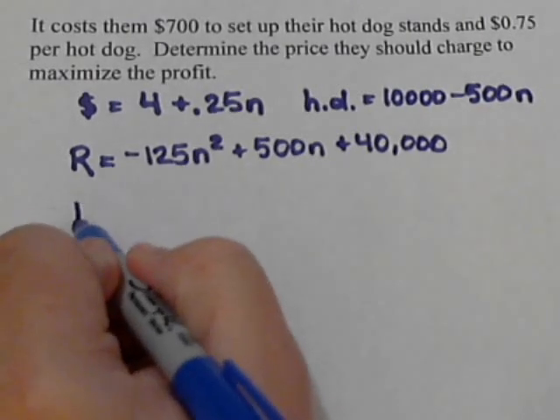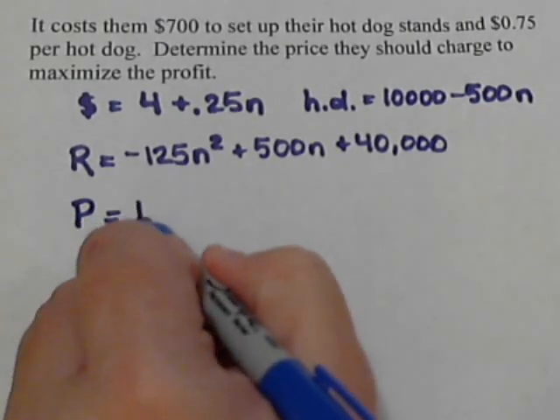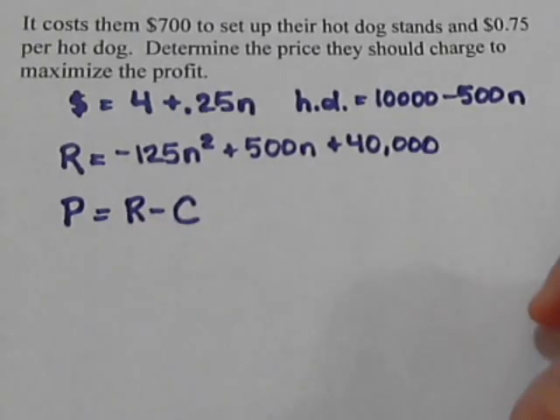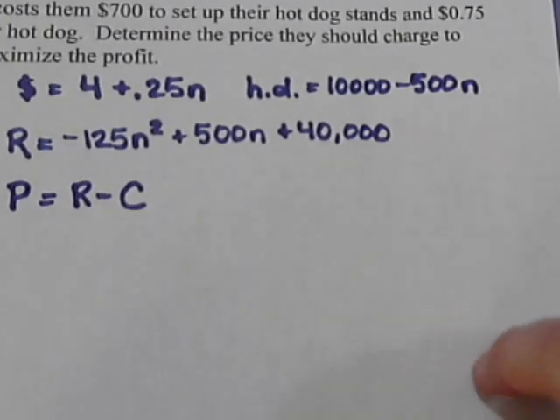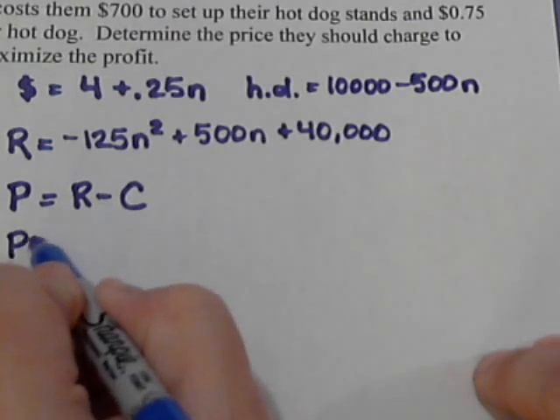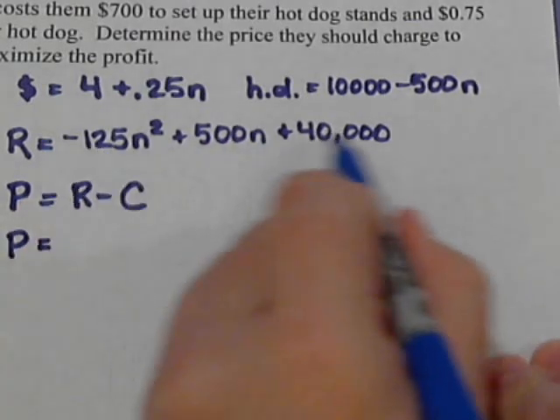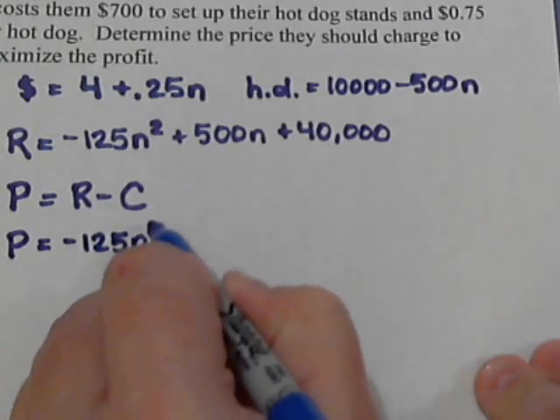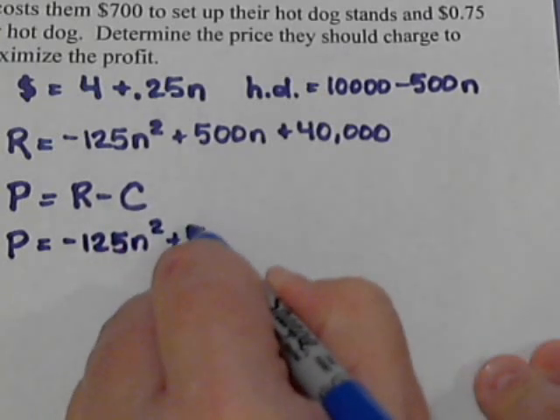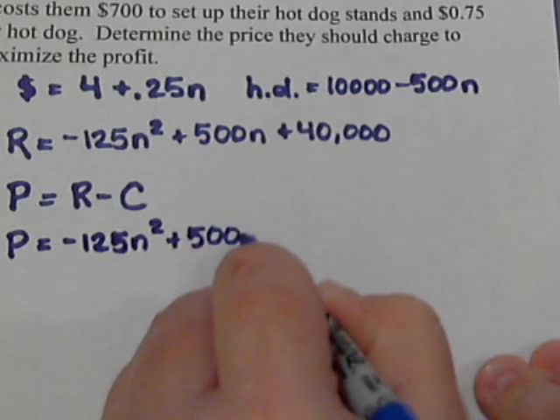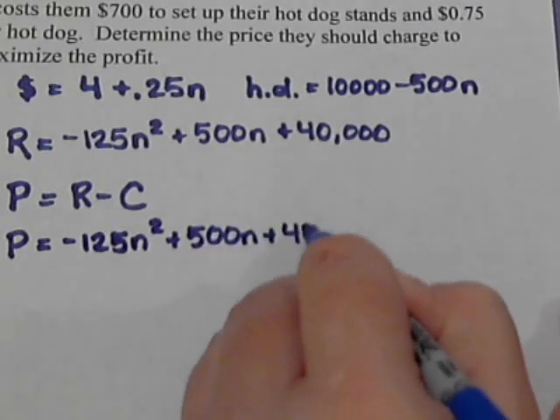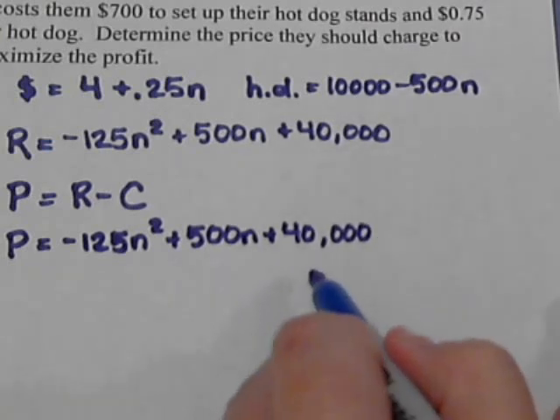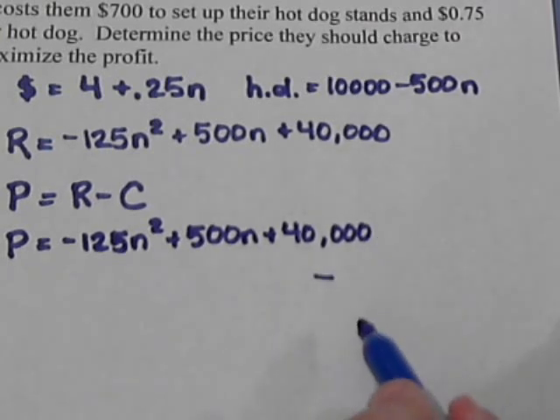Profit is the revenue we bring in minus any cost we spend. So our profit is going to be our revenue, which we've got the formula here, negative 125n squared plus 500n plus 40,000, minus our costs.